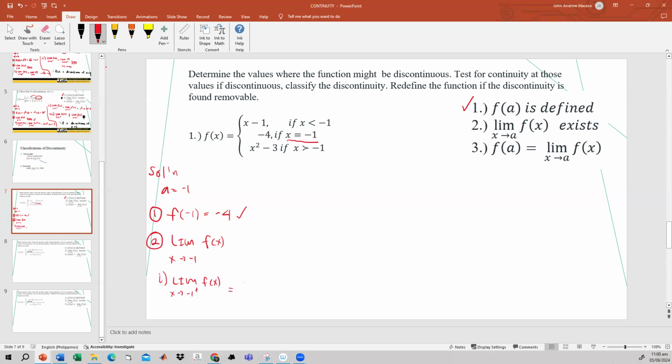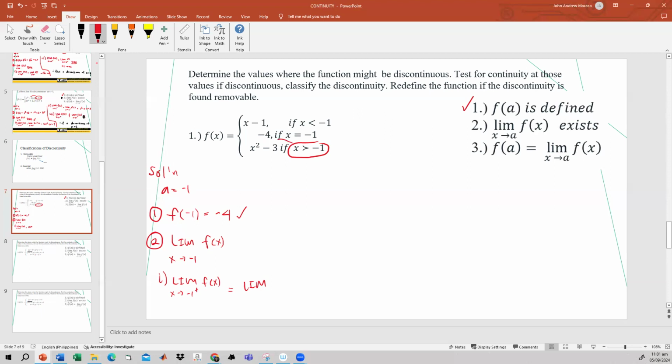Which among these functions will satisfy -1 from the right? Of course, the inequality, because we're defining -1 from the right, must be x greater than -1.